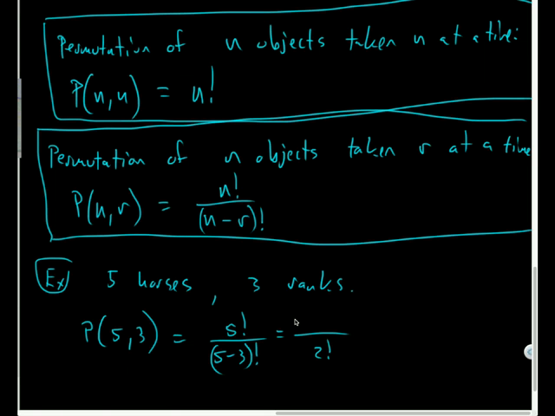And 5 factorial just means 5 times 4 times 3 times 2, technically times 1, right? Or I could have also thought of that as just being 2 factorial, right? 2 factorial just means 2 times 1, so it's another way of representing it. These would cancel out, and I'd get 5 times 4 times 3. 5 times 4 is 20 times 3. There would be 60 ways for the horses to be ranked for tiers 1 to 3.